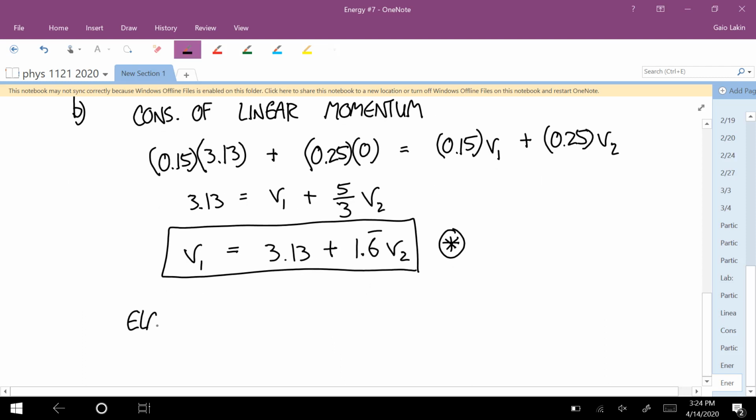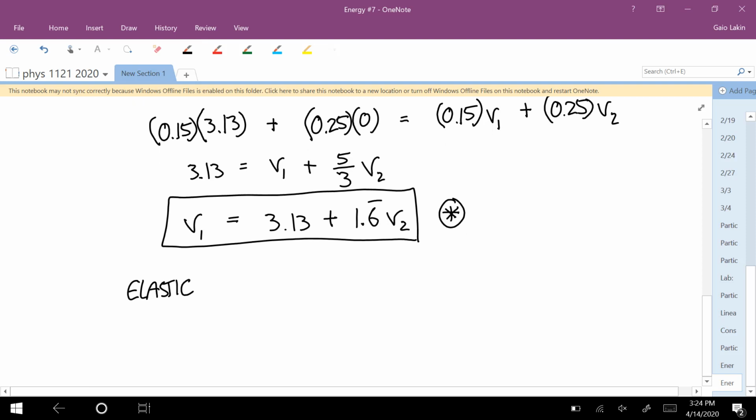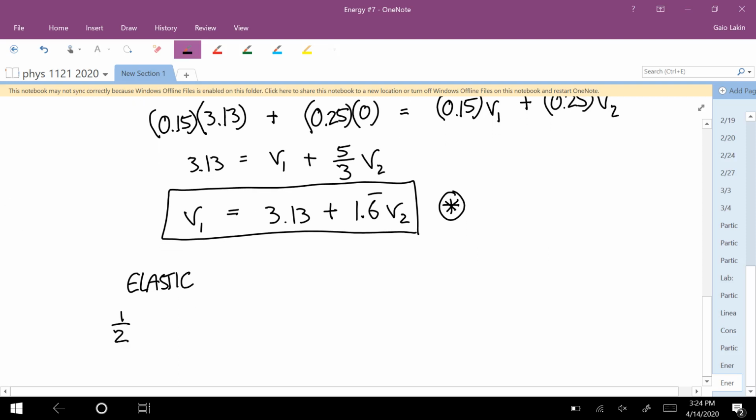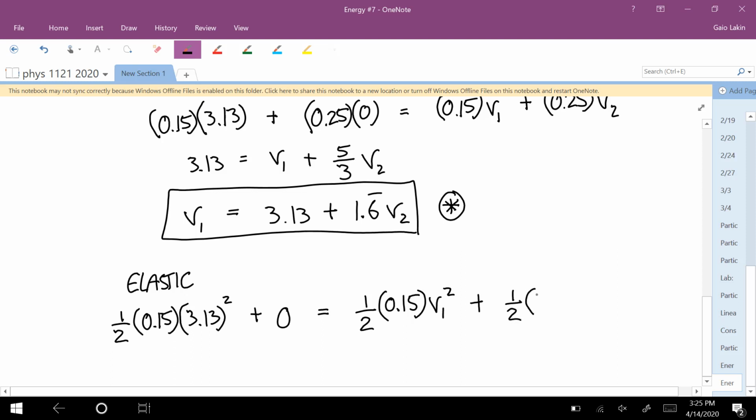Now it's elastic, and that says that if you add up the kinetic energies before, it equals the sum of the kinetic energies after. So the kinetic energy of the ball that's moving before the collision is 1/2 times the mass times its speed squared. The kinetic energy of the second one before the collision is 0 because its speed is 0. After the collision, we have 1/2 times 0.15 v1 squared plus 1/2 times 0.25 v2 squared.